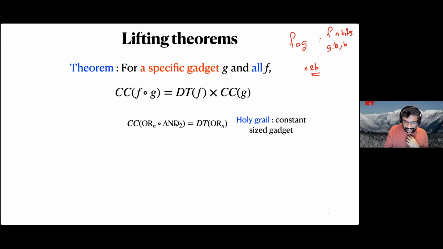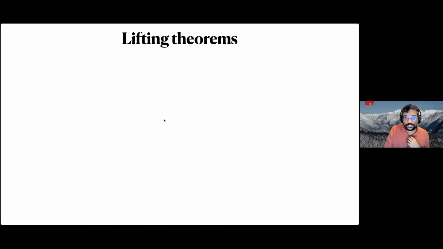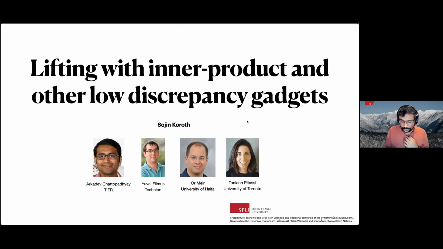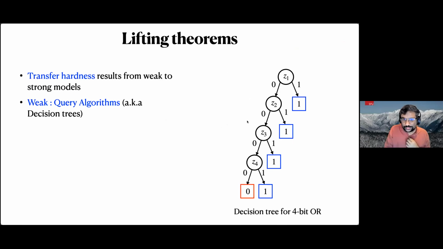So in this model, the cost is the depth of the decision tree, the worst case depth on any possible input. For example, for the OR function, the worst case depth in the deterministic case is n bits.